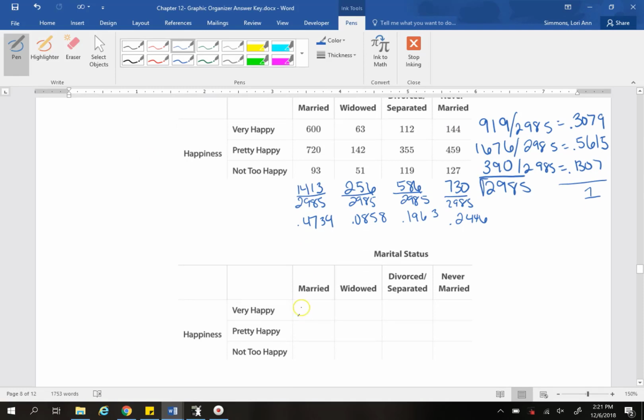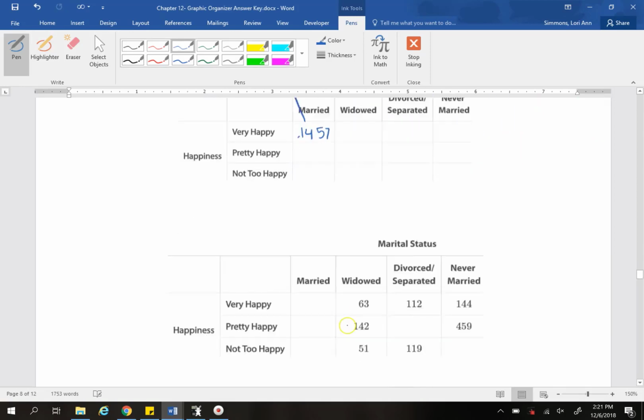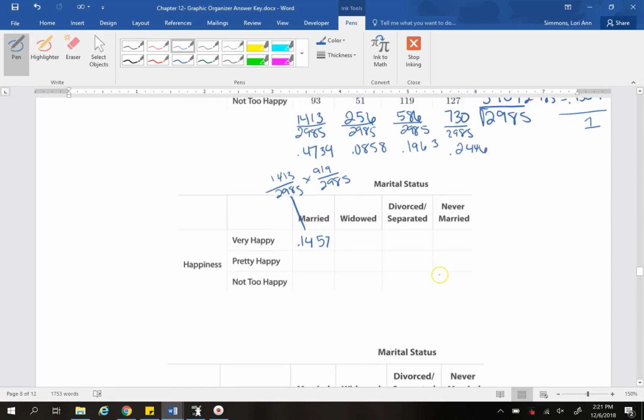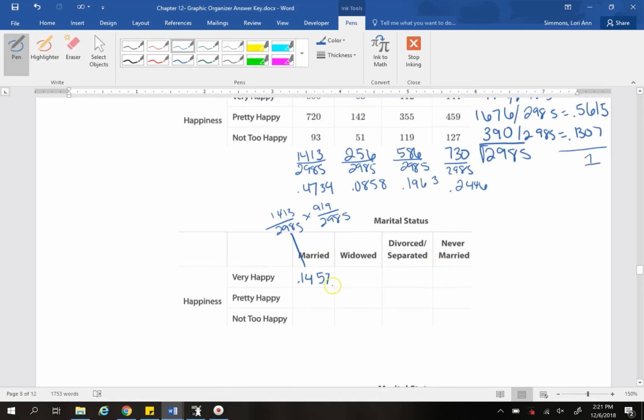When you get that, you get 0.1457. So this is 1413 over 2985 times 919 over 2985. Just note that we are rounding, so our final answer in this box is going to be a little different than what our calculator is going to show us because we are rounding here.